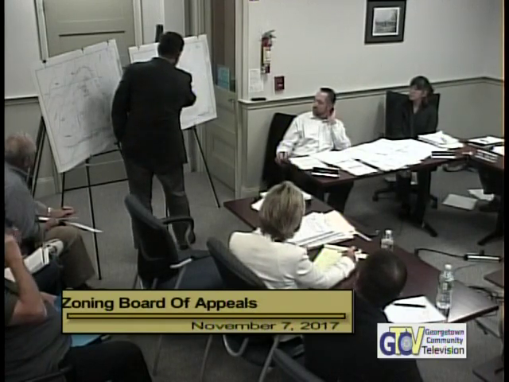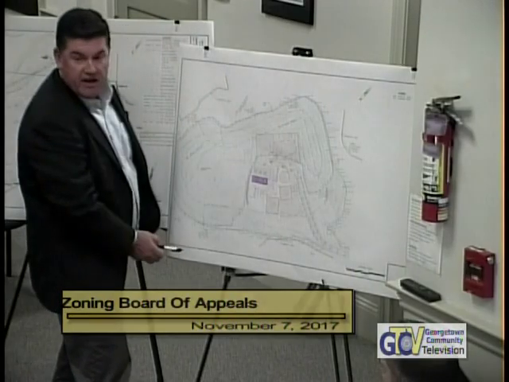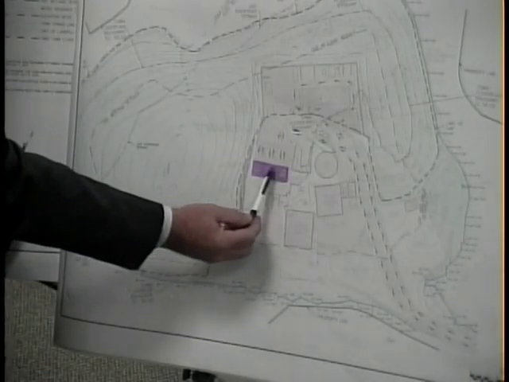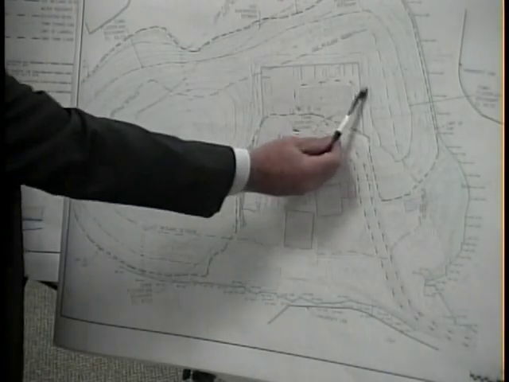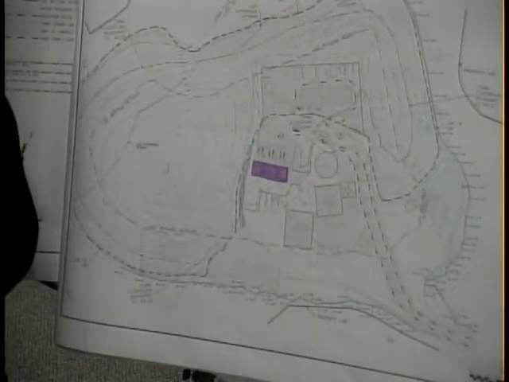The site access road. These buildings here that are highlighted are the highway department facilities. The existing transfer station structure is located here, and then this area of the site is utilized for the residential drop-off area.